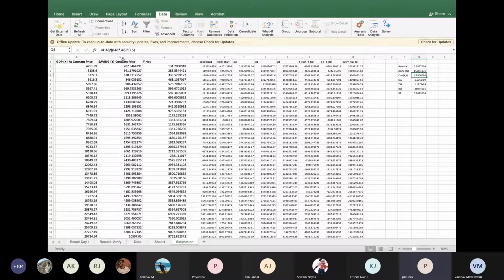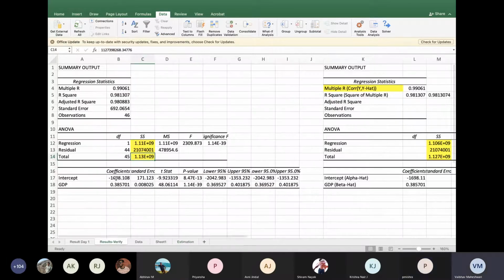Variances of X and Y, meaning the standard deviations of X and Y. Yes, sir, we have done that. And what correlation coefficient are we getting? 0.9906. Go to the sheet results verify. I said for a bivariate model, multiple R is nothing but the correlation coefficient between X and Y. We are getting the same thing. Yes, sir. 0.9906. Okay.